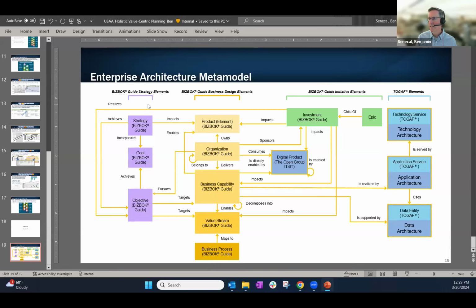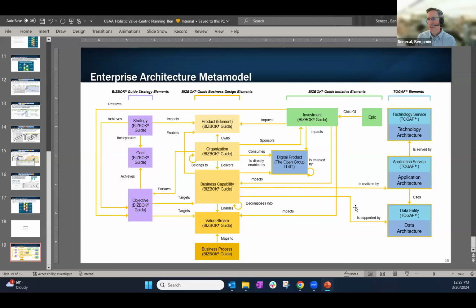Plus, we are taking the initiative to put in the strategy, goals, and objectives. And as investments come in, as the green box here, we are showing the impacts of those investments, how they both realize objectives, how they impact products, capabilities, and value streams. ARDOQ is our knowledge base for capturing all of that.